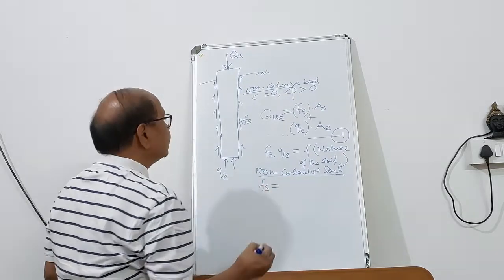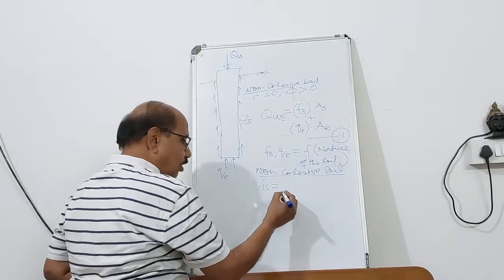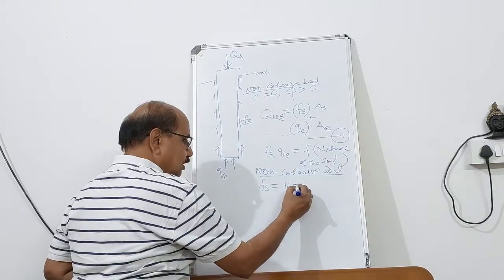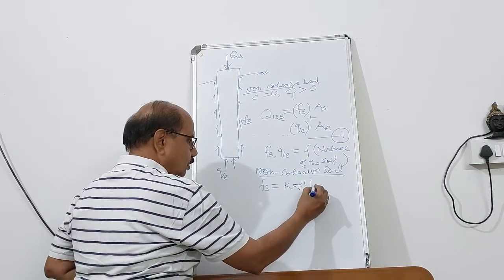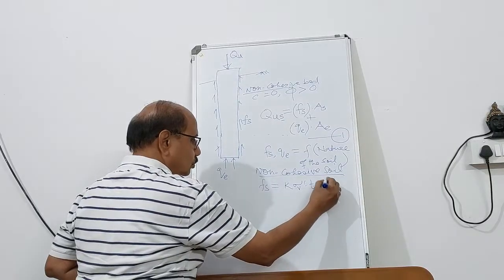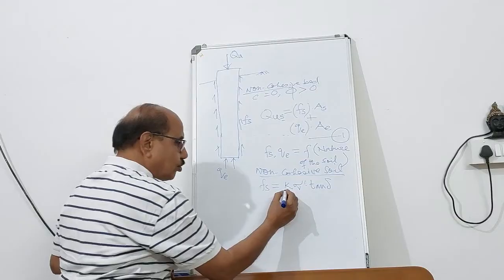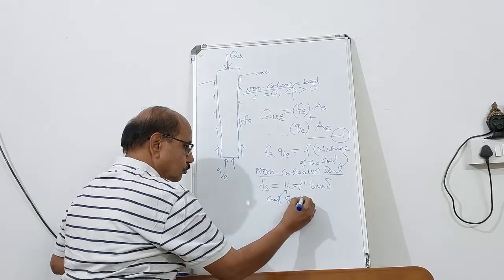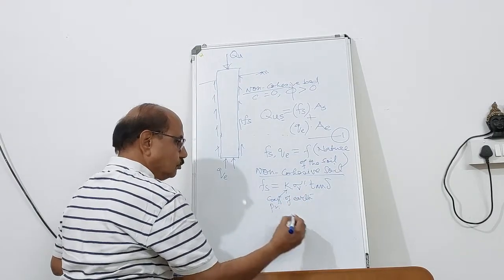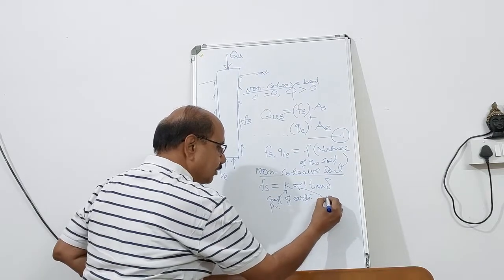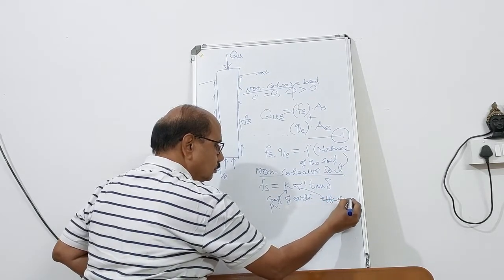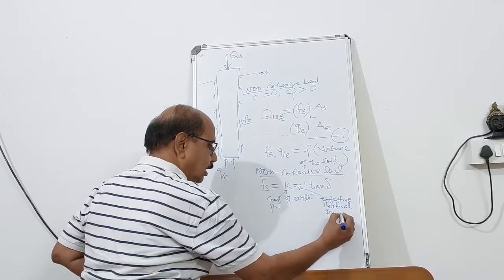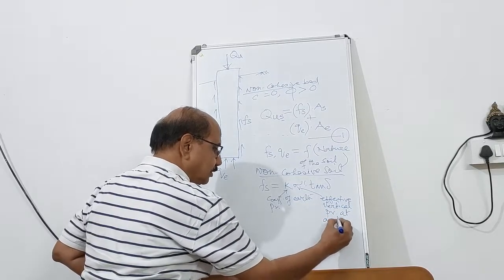The unit skin friction is calculated by the formula K times sigma V prime into tan delta, where K is called the coefficient of earth pressure, and sigma V prime is the effective vertical pressure at a particular depth Z, and delta is the angle of wall friction, right?